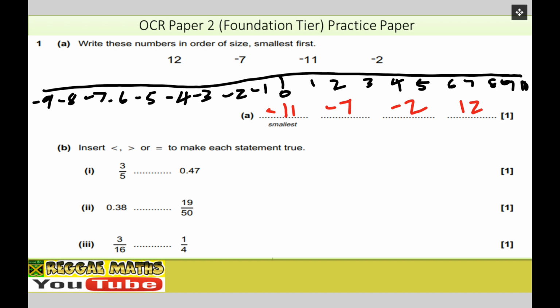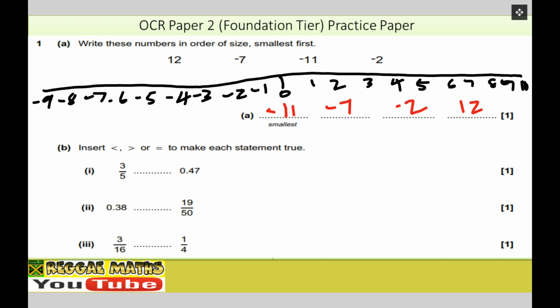To make this much easier, I need to make sure it's in the same unit. If it's fractions, it's all in fractions. If it's decimal, it's all in decimal.